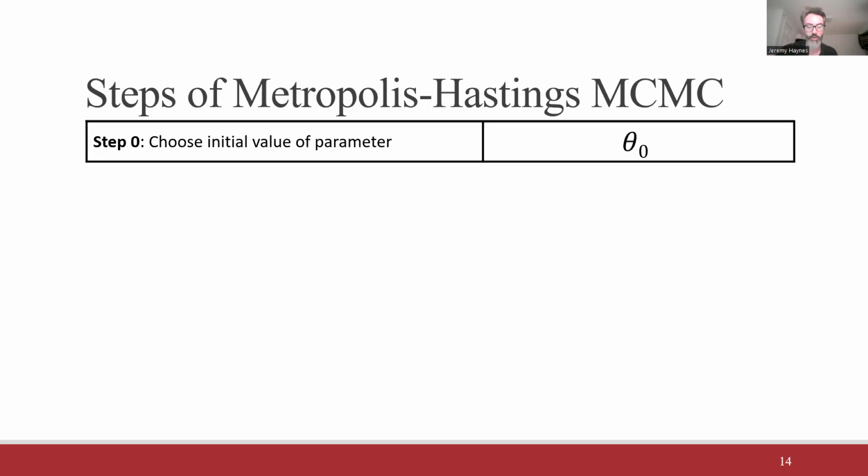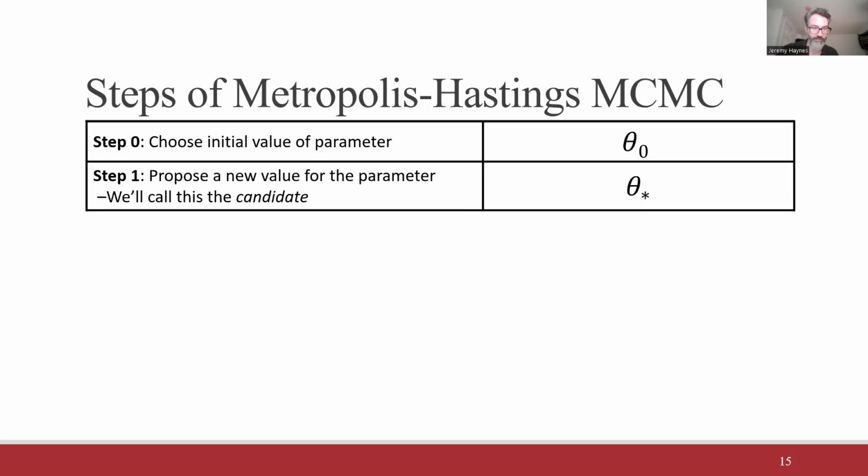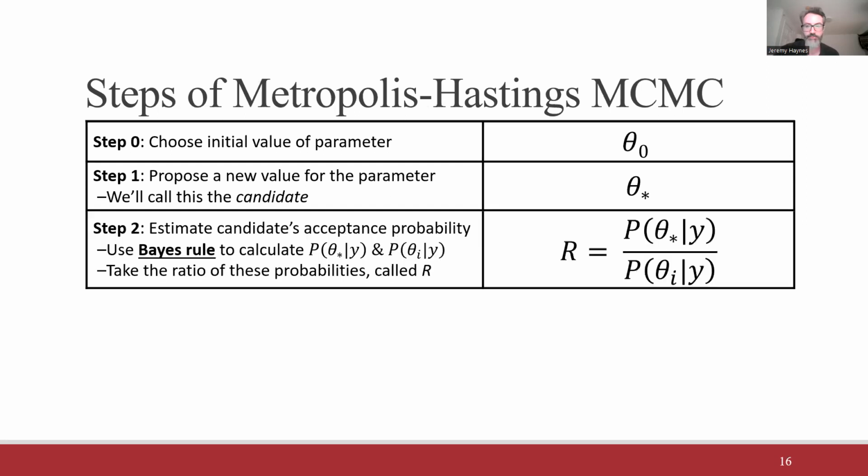Okay. When we get our MCMC algorithm going, step one is we need to propose a new value for the parameter. We'll call this the candidate. So I have it written here, theta star.